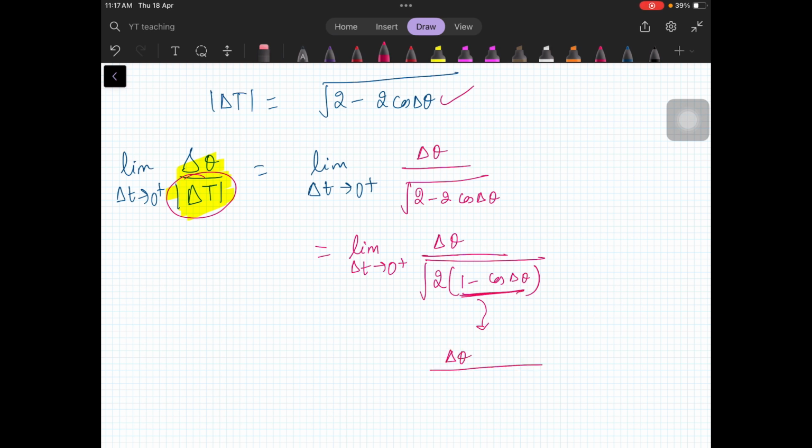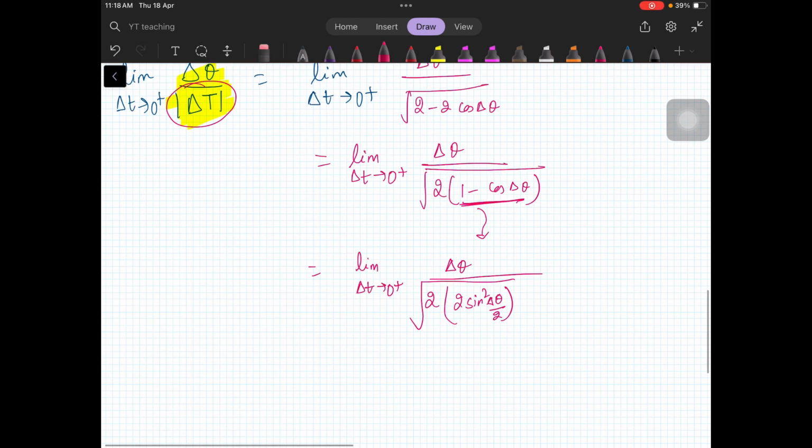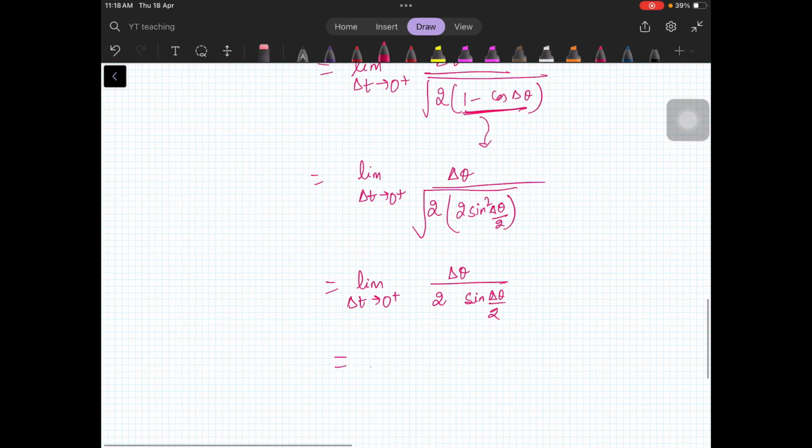So this is del theta upon square root of 2 sine square del theta by 2, limit del t going to 0 from positive side. So this is going to be limit del t going to 0 from positive side del theta upon 2 sine of del theta by 2. So this is equal to limit del t going to 0 from positive side 1 upon sine del theta by 2 divided by del theta by 2.